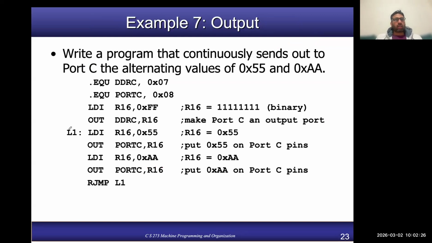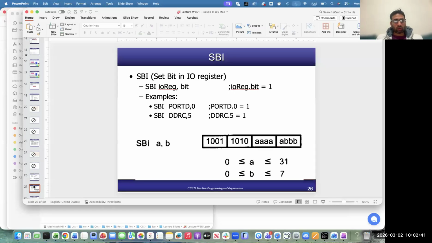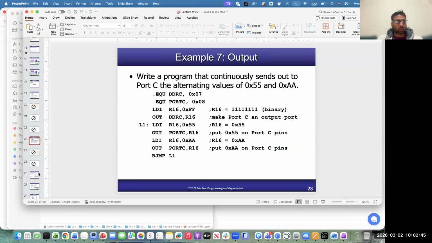Okay. So here we want to write a program which continuously sends out to port C the alternating values of 0x55 and 0xAA.